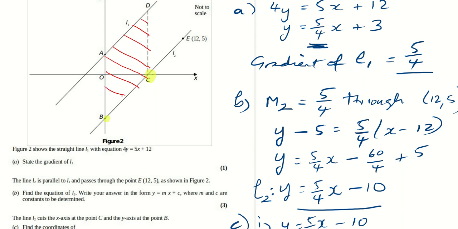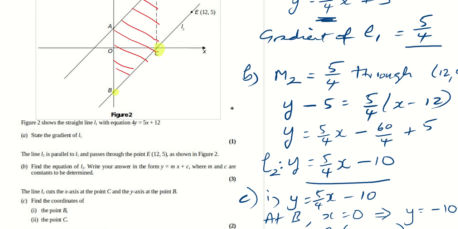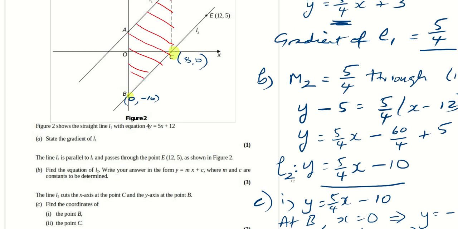Okay, now we know from part C what points B and C are, so if I just move down, B is the point (0, minus 10), so I'll write that on there. And we know that C was the point (8, 0). Yes, C is the point (8, 0).